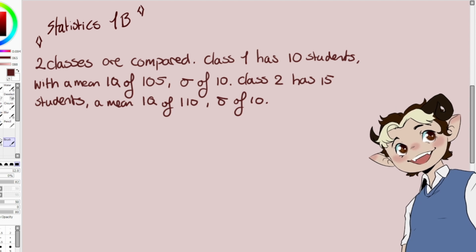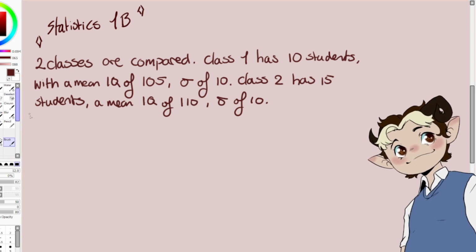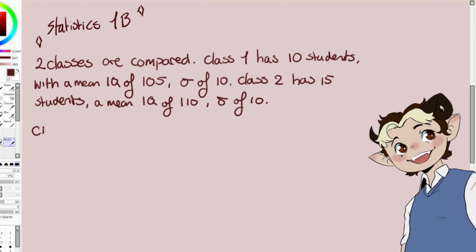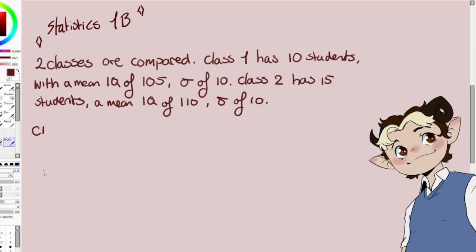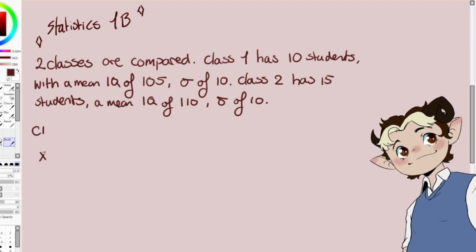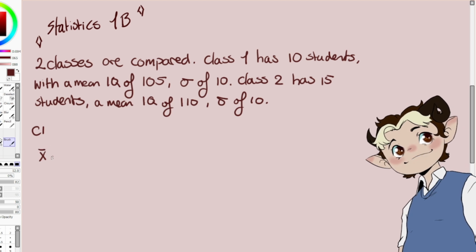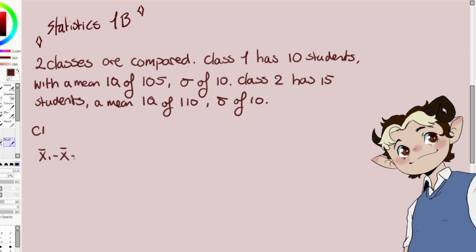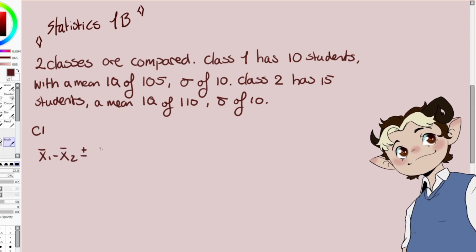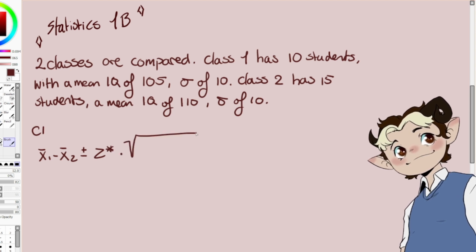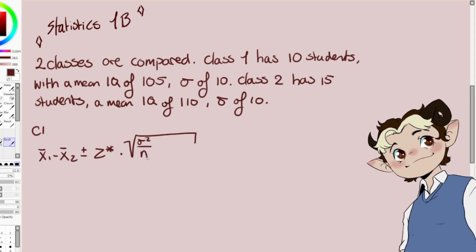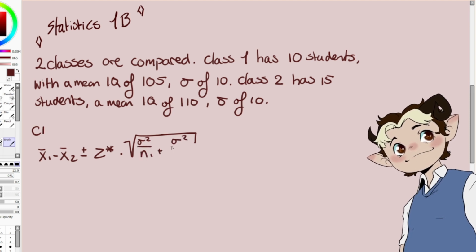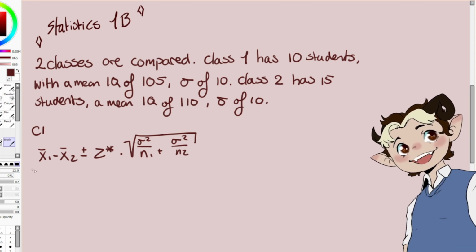Now let's go into the confidence interval. Now we have our formula here, which is x1 minus x2 plus minus z times the square root of the standard deviation squared over n1 plus the standard deviation squared over n2. Let's do this.